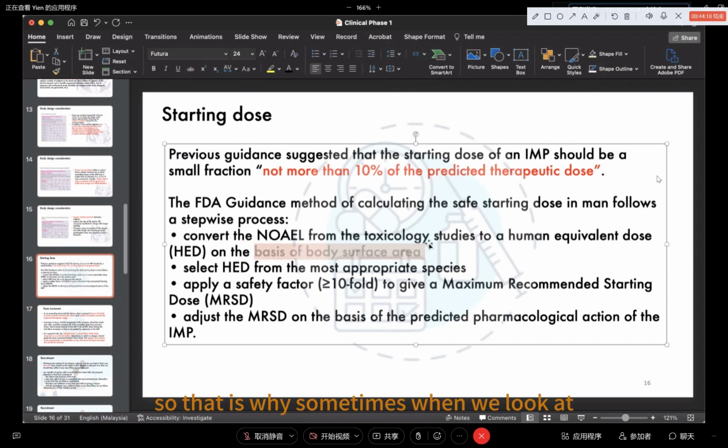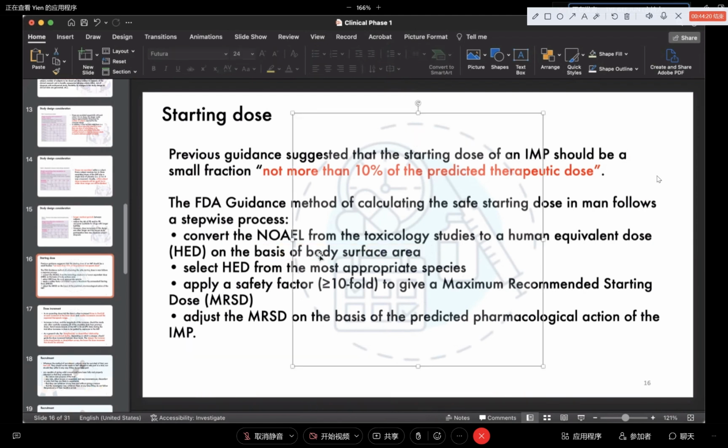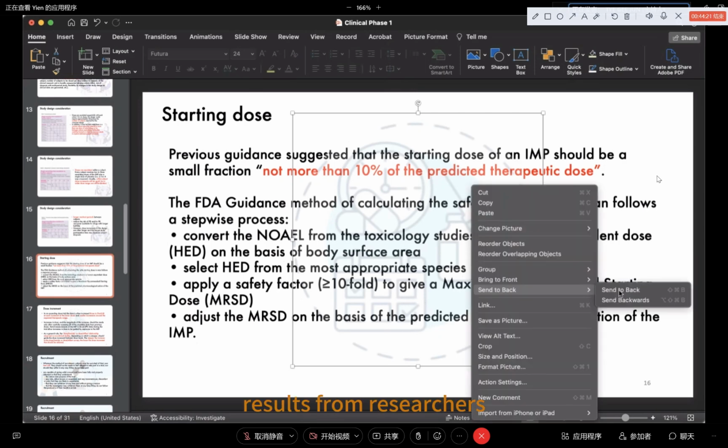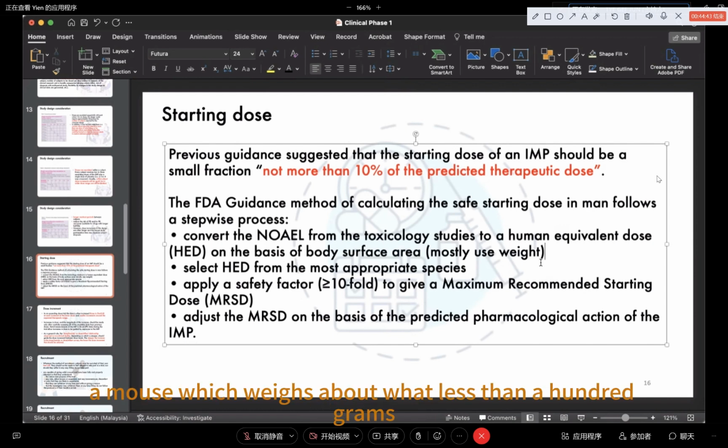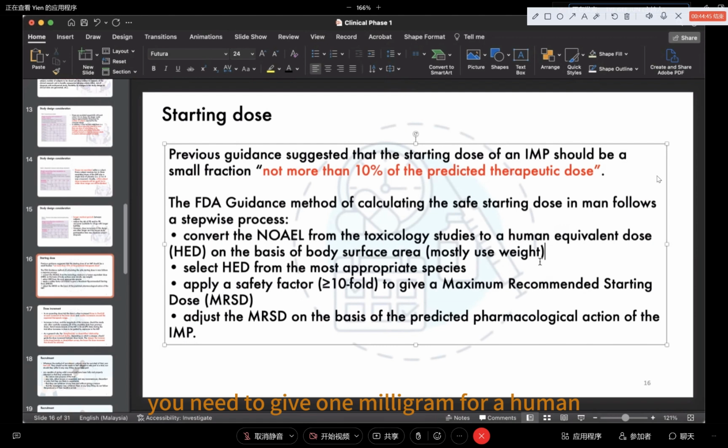So that is why sometimes when we look at results from researchers in papers and everything, it becomes very dumbfounding because, for example, they say the mouse can be treated with 1 milligram of the drug. So imagine if a mouse which weighs less than 100 grams, you need to give 1 milligram.